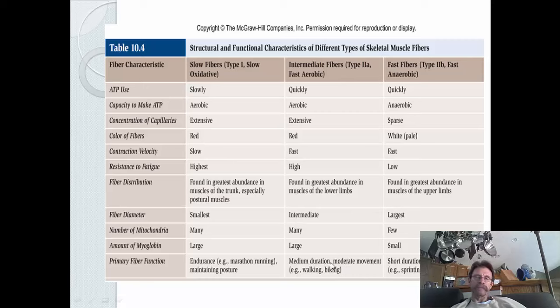Moderate movement, kind of makes sense. And then fast fibers would be the sprinters or lifting weights, something that you do very ballistically. So those characteristics you should know from this table: the fiber characteristics, the color of the fibers, the contraction velocity, the fiber distribution, and the fiber function.